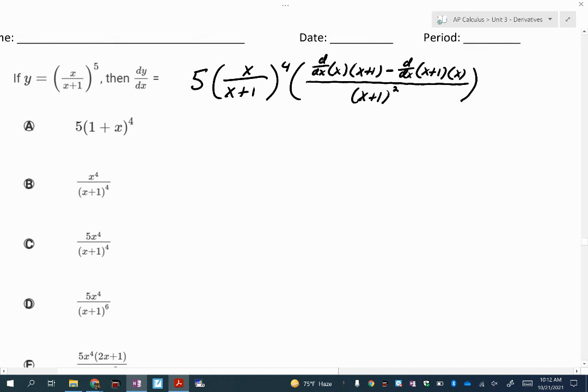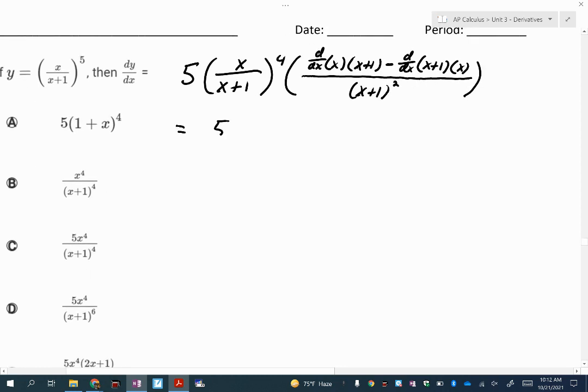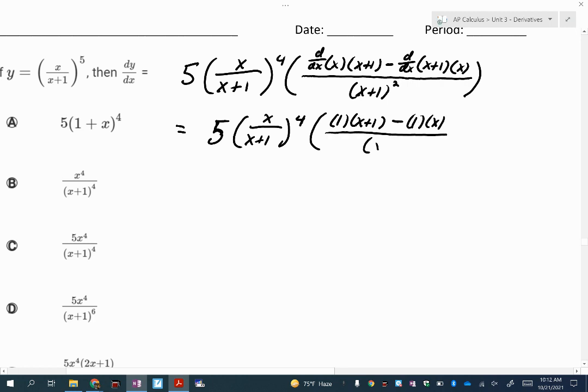Wow, that's a lot. So here we go. This is going to keep being 5 times x over x plus 1 to the fourth power for the time being, times the derivative of x is 1. So that's just going to be 1 times x plus 1 minus derivative of x plus 1 is also just 1 times x, over x plus 1 squared.